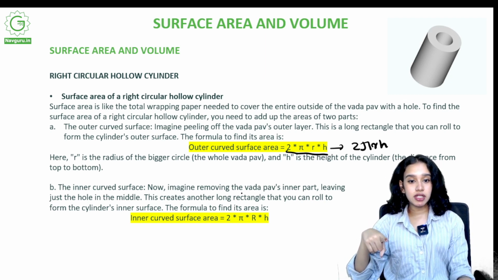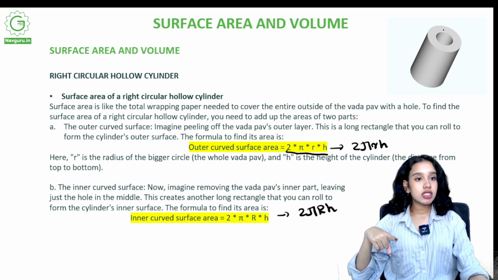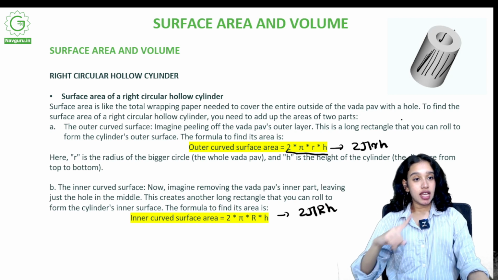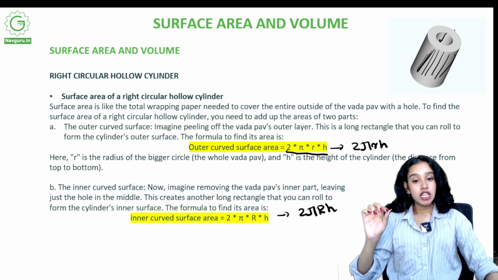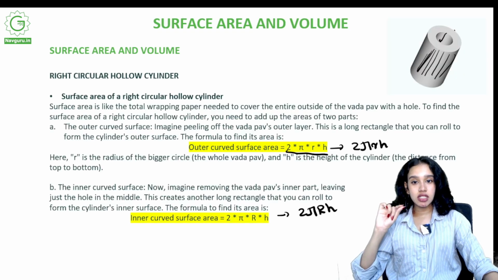So we have an inner surface here and an outer surface here, right? The outer surface area would be 2 pi r h and the inner surface area would be 2 pi but with a different radius, small r h, right? That is the surface area of a right circular hollow cylinder.